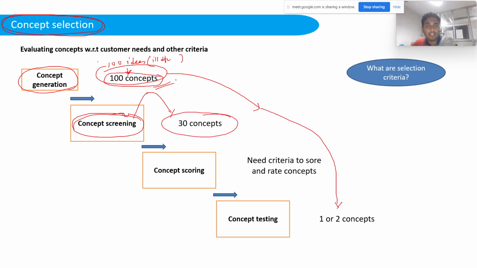This initial filtering of 100 concepts to 30 concepts generally does not happen if you use the logical methods, but it happens if you use those intuitive methods like brainstorming. Here, the people who participate are from different backgrounds, and everyone's concepts are considered.